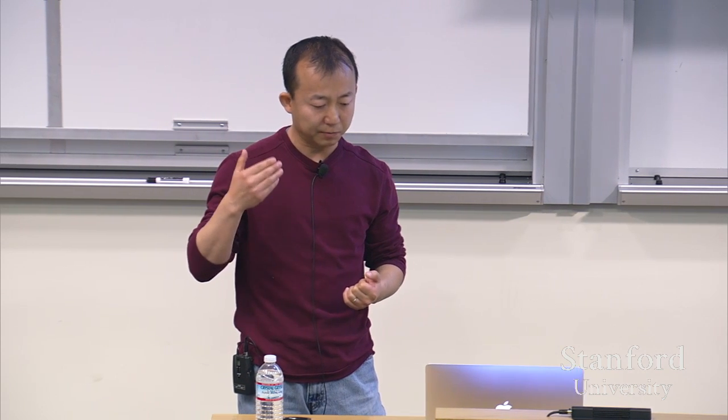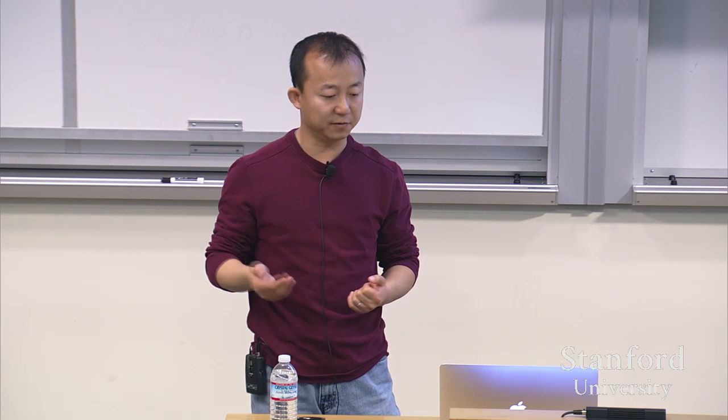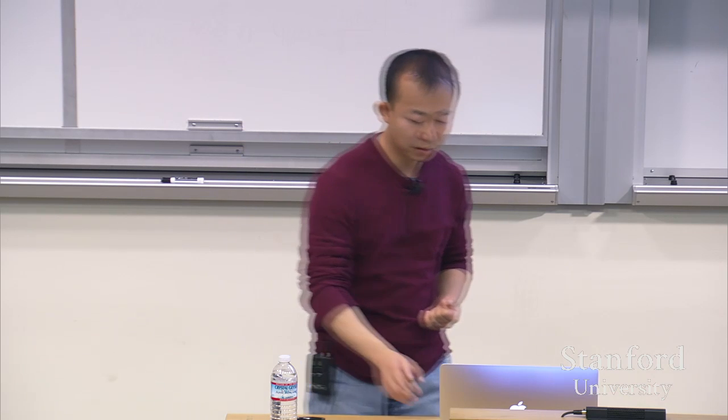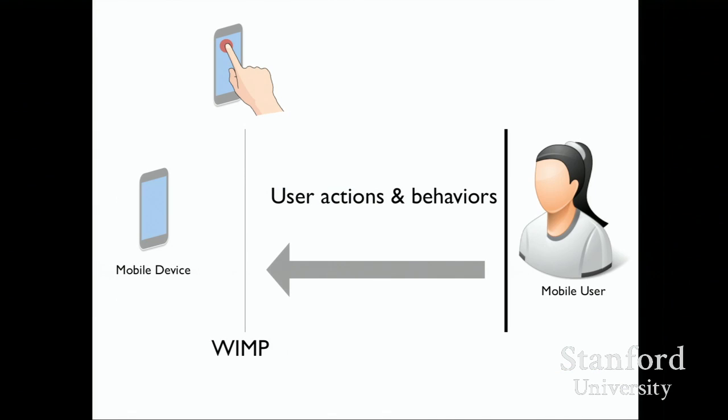So these are potentially more effective for communicating what we want to achieve. So my research goal here is to push the boundary of what a computer system can possibly understand about user actions and behaviors to expand the interaction bandwidth of mobile devices.